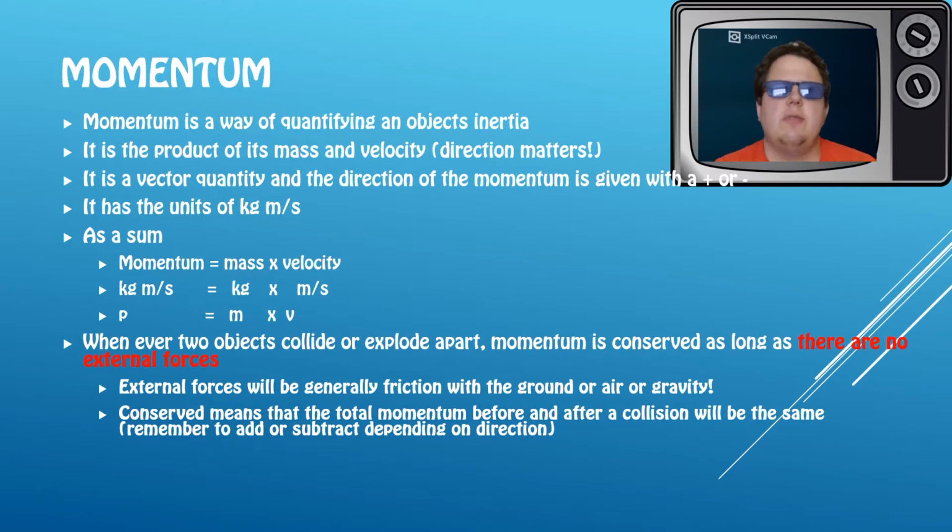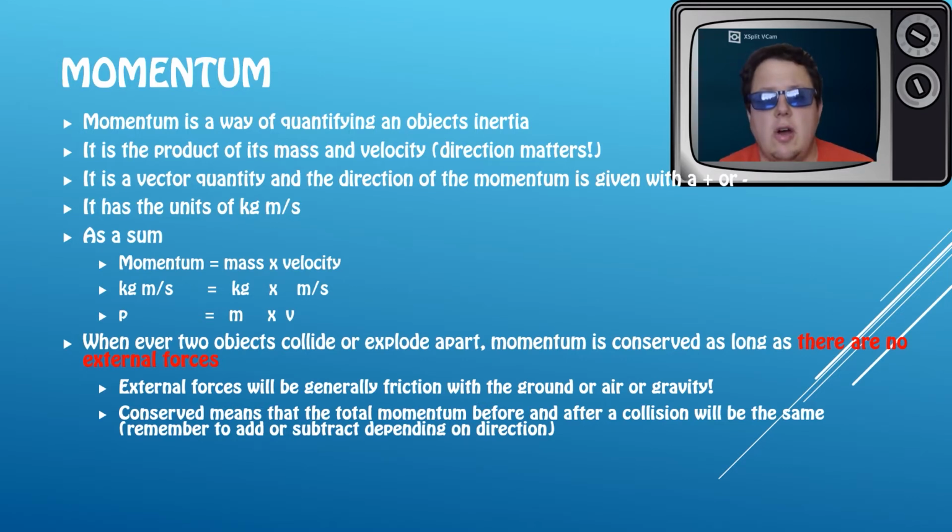To calculate the momentum of an object, it's its mass multiplied by its velocity. It is velocity because direction matters with momentum. Momentum is a vector quantity. You'll see that it's given with either a plus or a minus sign.